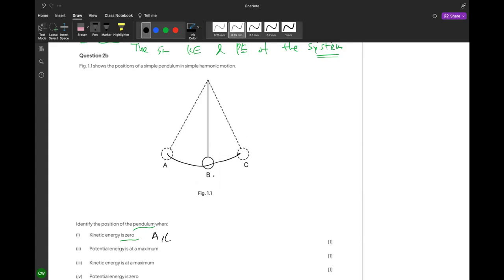At the lowest point, kinetic energy is maximum. When you swing to the highest point, kinetic energy becomes 0, but potential energy becomes maximum. The other end is also the same. Kinetic 0, potential maximum.